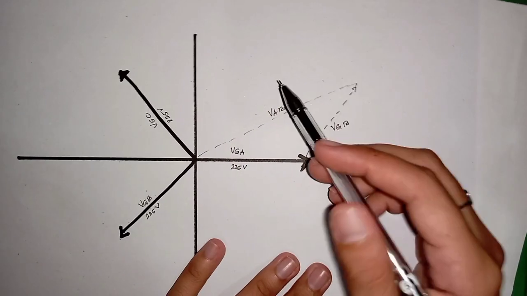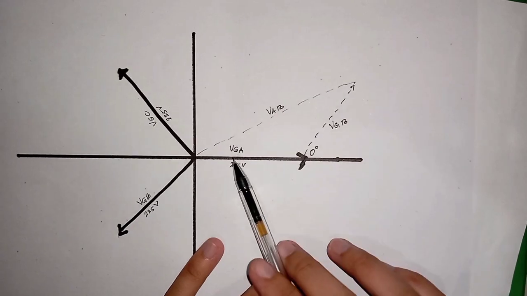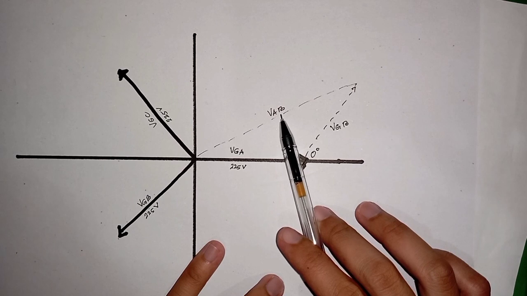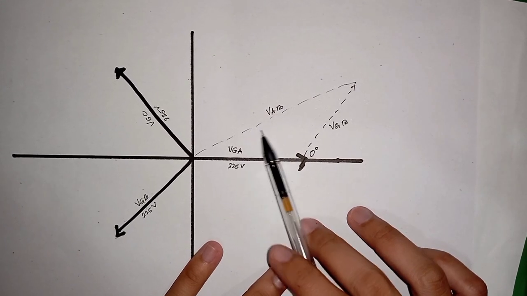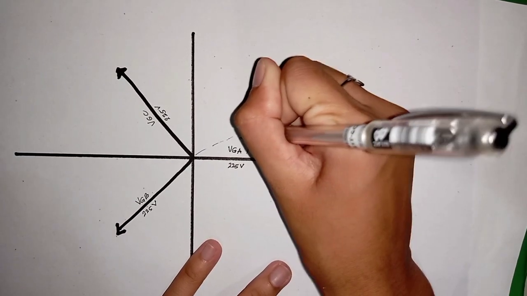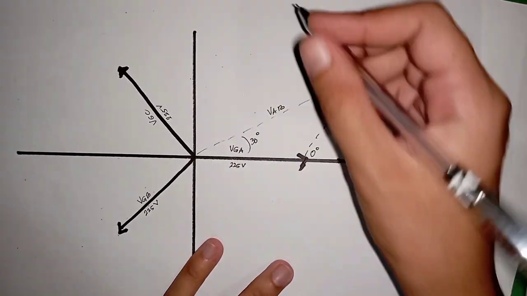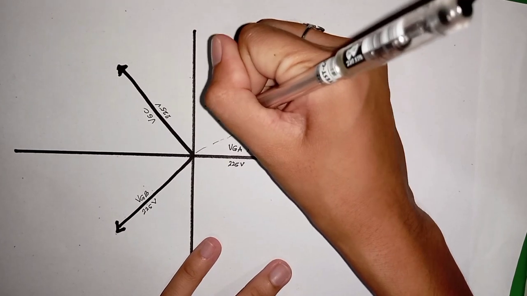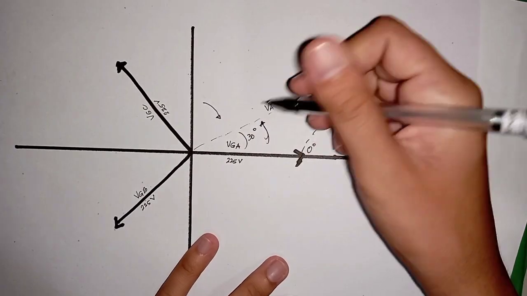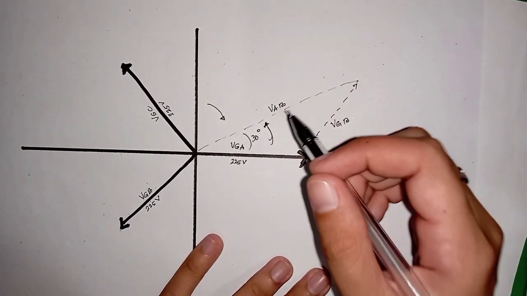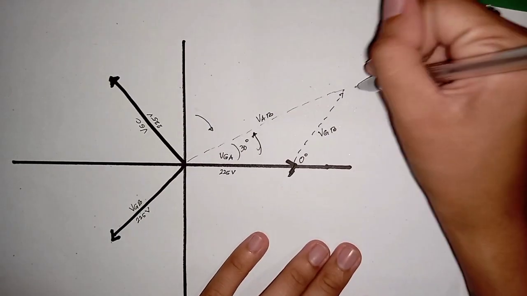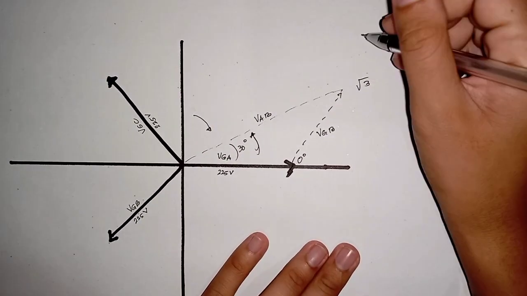So we will relate VGA to VAB. We have to shift VGA by 30 degrees in the counterclockwise direction, and we have to multiply it by the square root of 3.